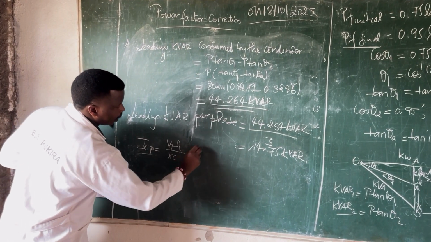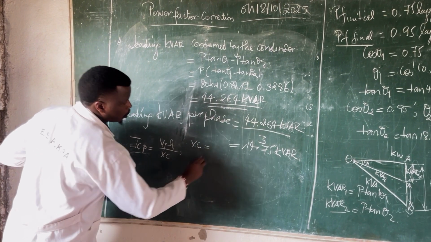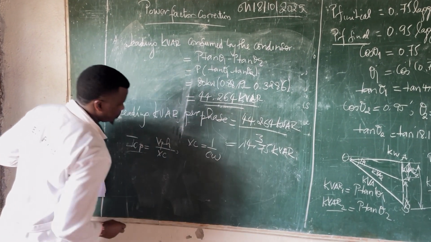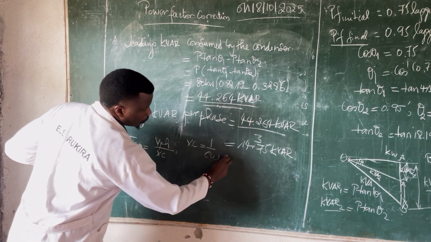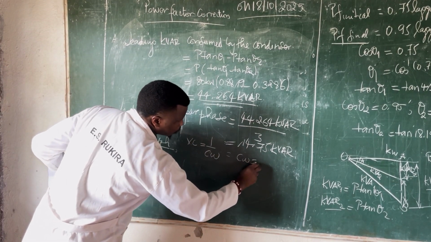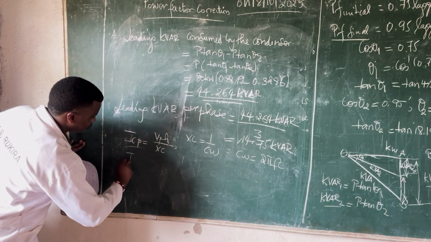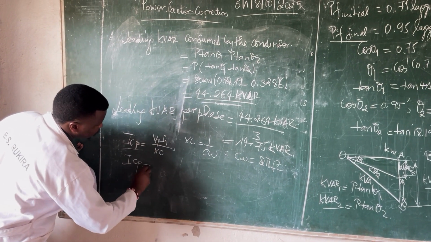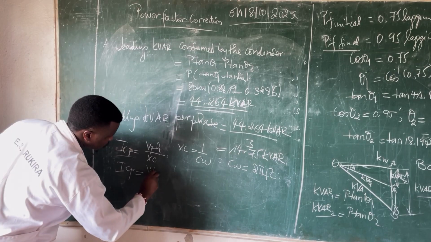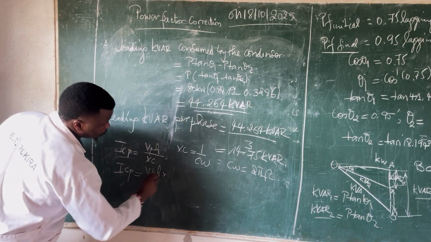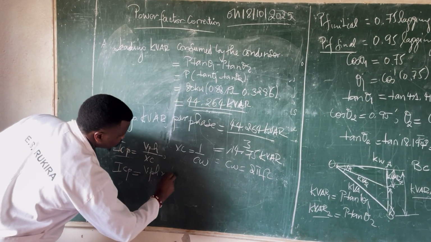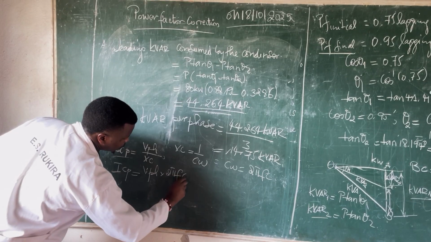And remember, XC is equal to 1 over C omega, where C omega is equal to 2 pi F C. And now IC per phase will be equal to V phase times the inverse, 2 pi F C.